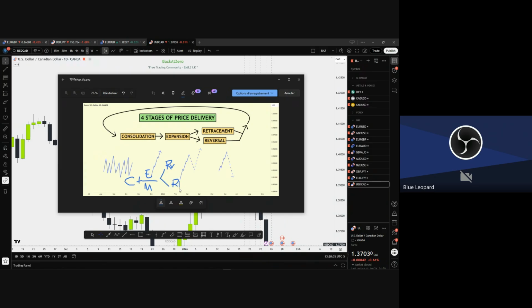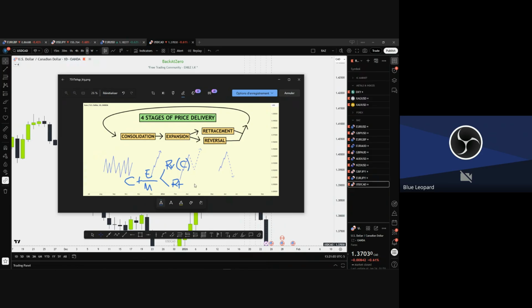Now, what is the difference between these two? Reversal means we change direction. Retracement means we pause to continue in the same direction. So both of them can happen after an expansion. And a retracement, okay, can start with a consolidation. So I'm going to put this inside here.